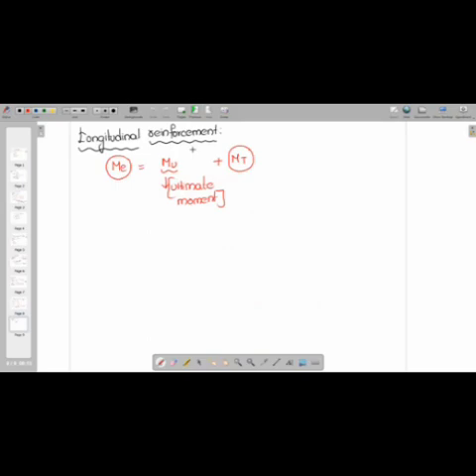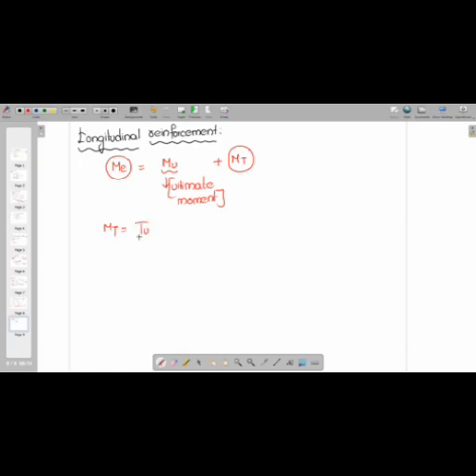They can also ask you what is the moment due to torsion. Can anyone tell me the formula for moment due to torsion?